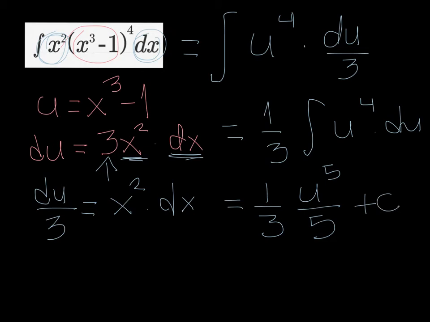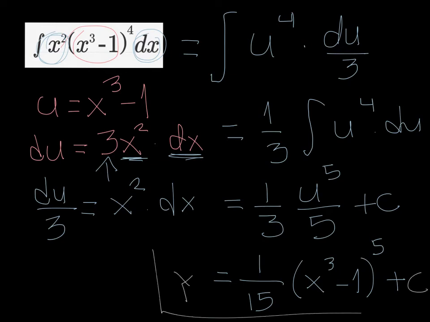So what we have is then 1 over 15, u to the 5, I'm going to substitute back u, which is x cubed minus 1 to the 5, plus c, and that is my original function, my indefinite integral, or my antiderivative.